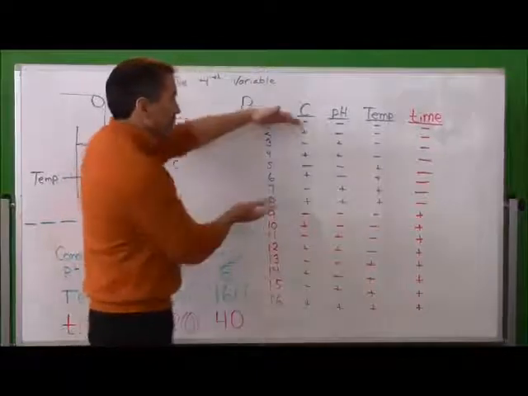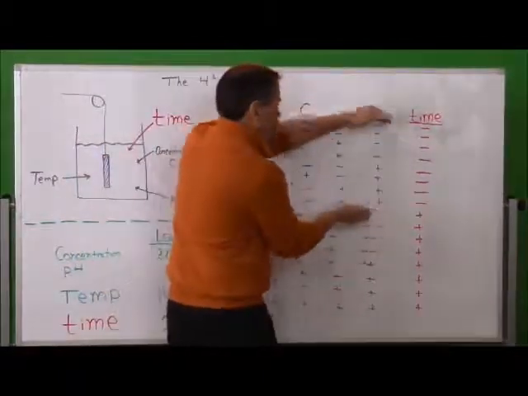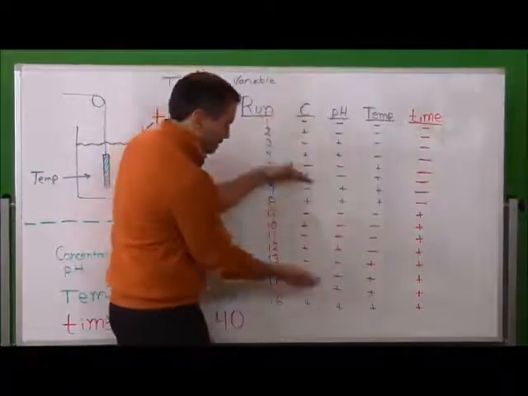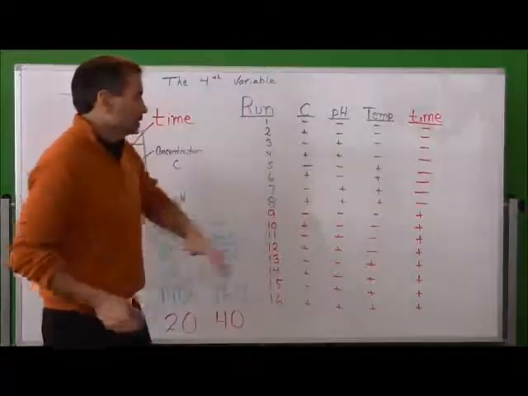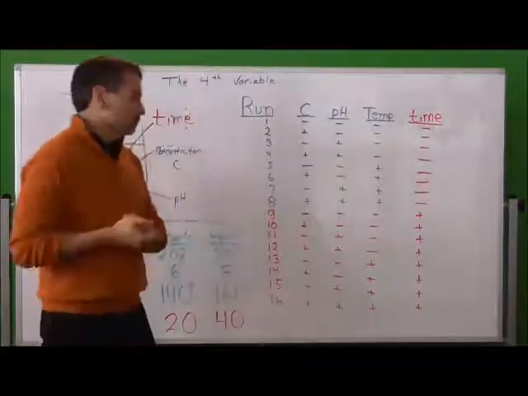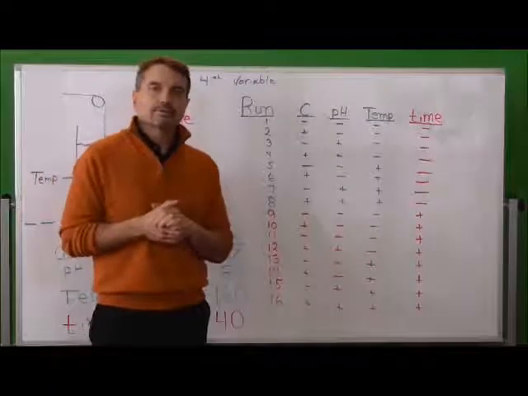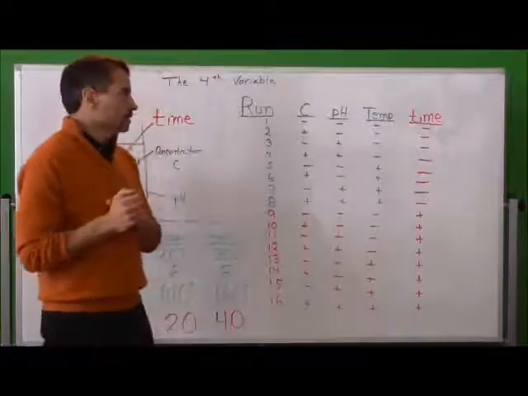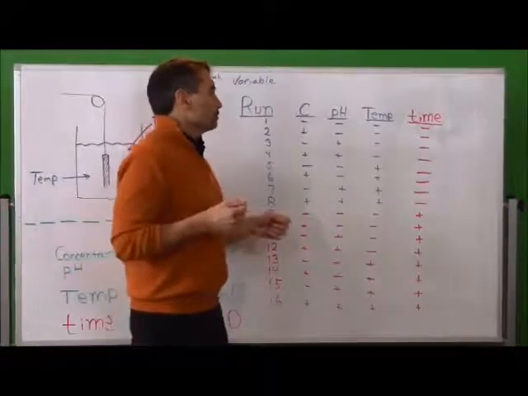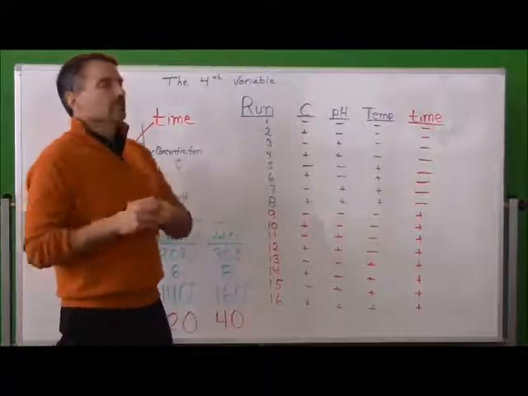Very simply, we then take the entire pattern that we developed for the first 8 and duplicate it for runs 9 through 16. So when we do this, we basically have what's called a full factorial.